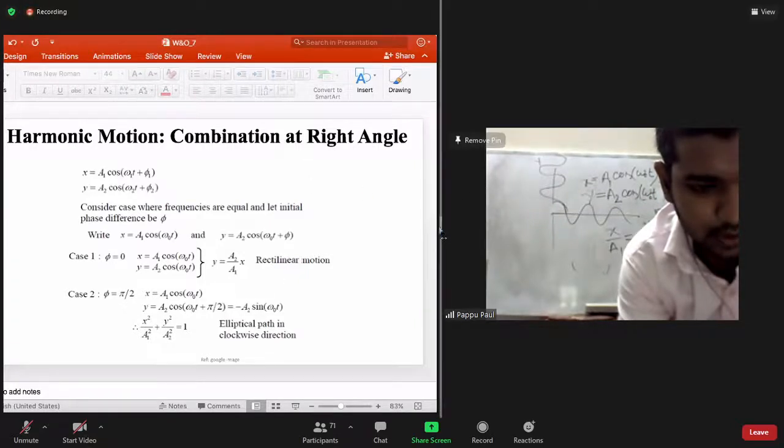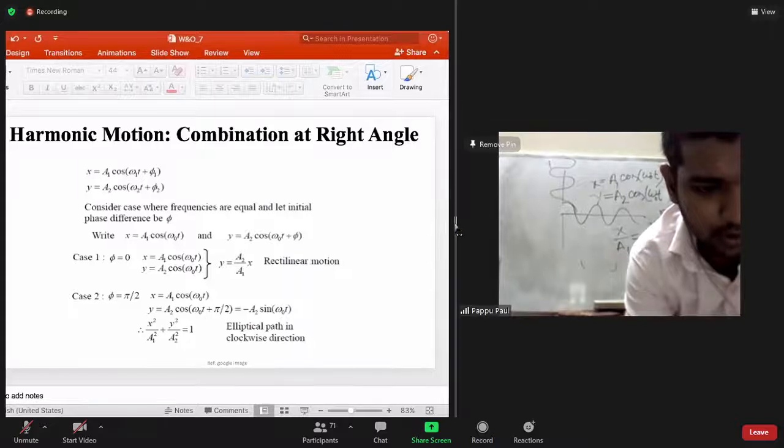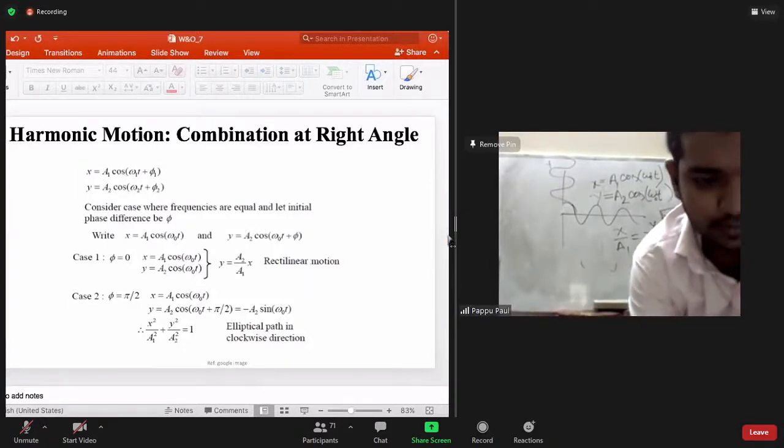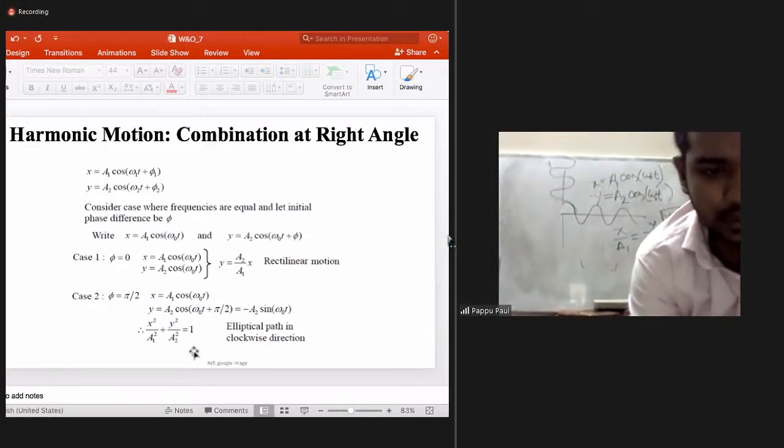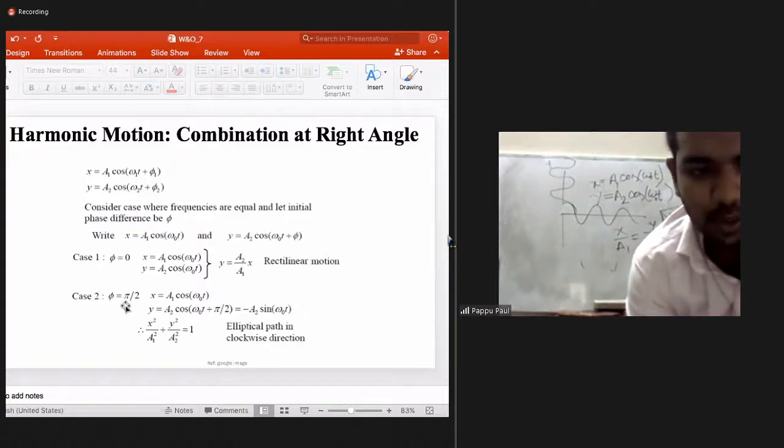Roll number 97, are you there? Yes, sir. Okay, can you explain how we can find this equation in case 2, that means phi is equal to pi by 2? What is defined by phi?